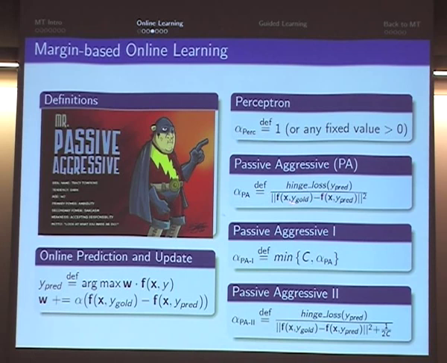If you do the update computed in this way, where this is the norm of the difference, then it is guaranteed that now the label would be predicted correctly, or the observation would get the gold label. And there are two variants which should be somehow robust to noise in the data.